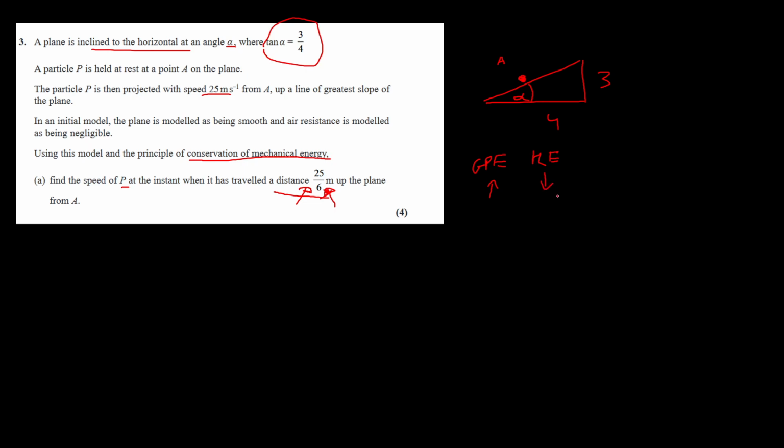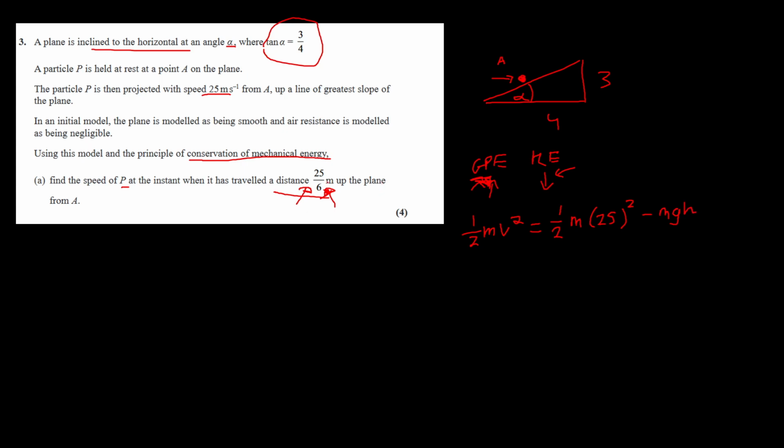And so we can form an equation here where its final kinetic energy, if we call it half mv squared, is equal to its initial kinetic energy, which is a half times its mass times 25 squared, minus its gravitational potential energy, because the magnitude of the gravitational potential energy that it gains is going to be the same as the magnitude of the kinetic energy that it loses. So we need to subtract by its mass times g times its height.